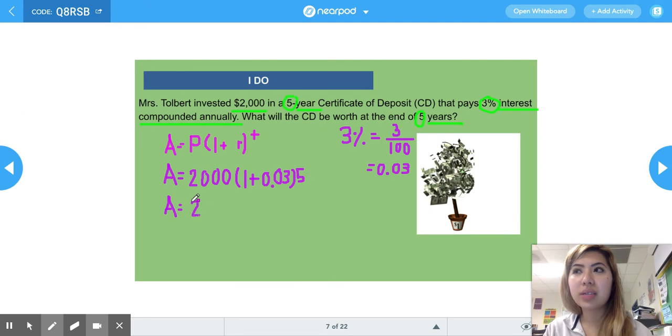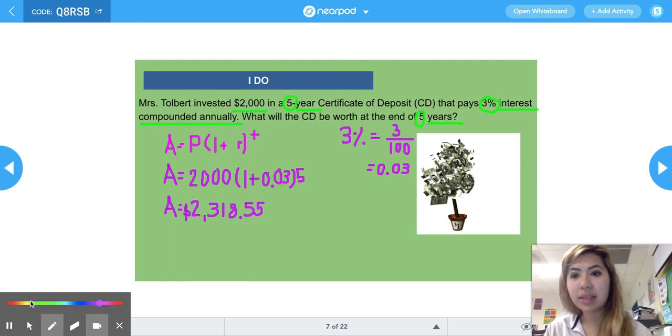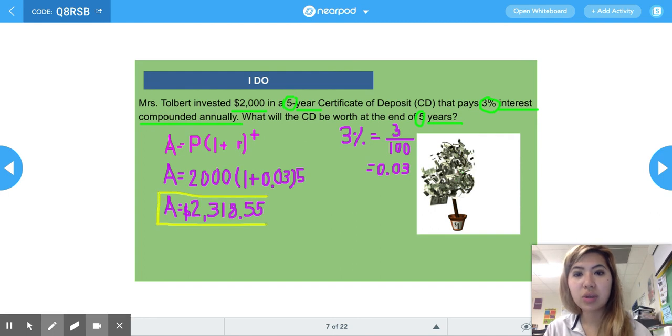We get $2,318.55. So that is our answer for the amount that the certificate of deposit will be worth after the 5 years with an initial investment of $2,000 and a 3% interest rate compounded annually.